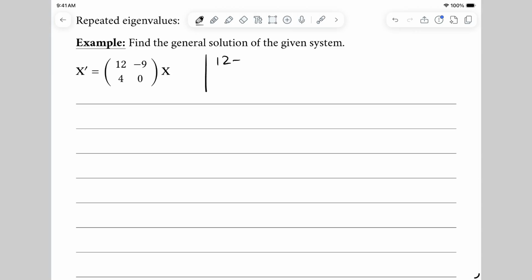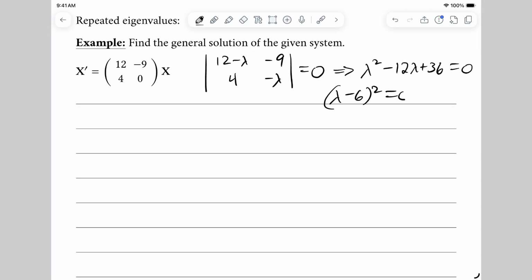And so the determinant of [12 minus lambda, -9; 4, negative lambda] equals 0 gives us lambda squared minus 12 lambda plus 36 is equal to 0. That's going to give us (lambda minus 6) squared is equal to 0, and so lambda is equal to 6.